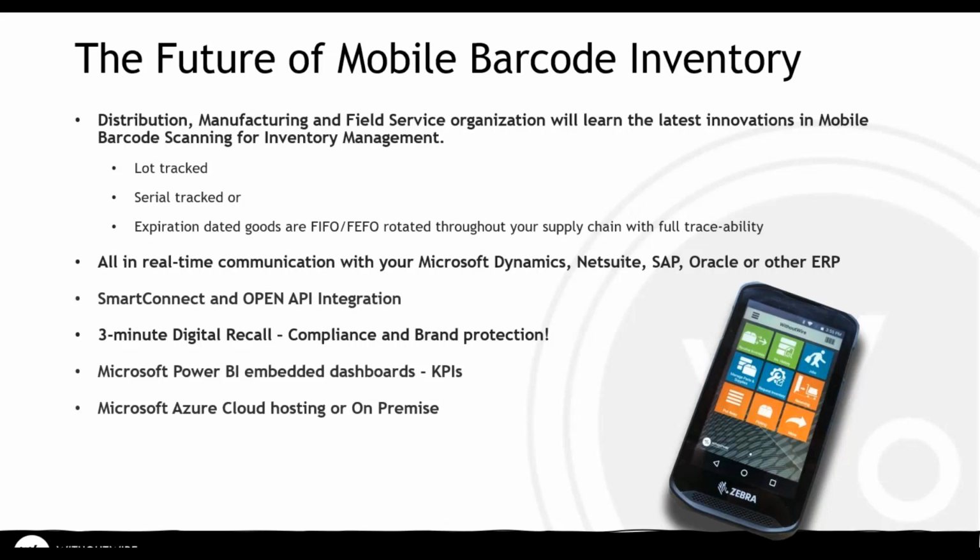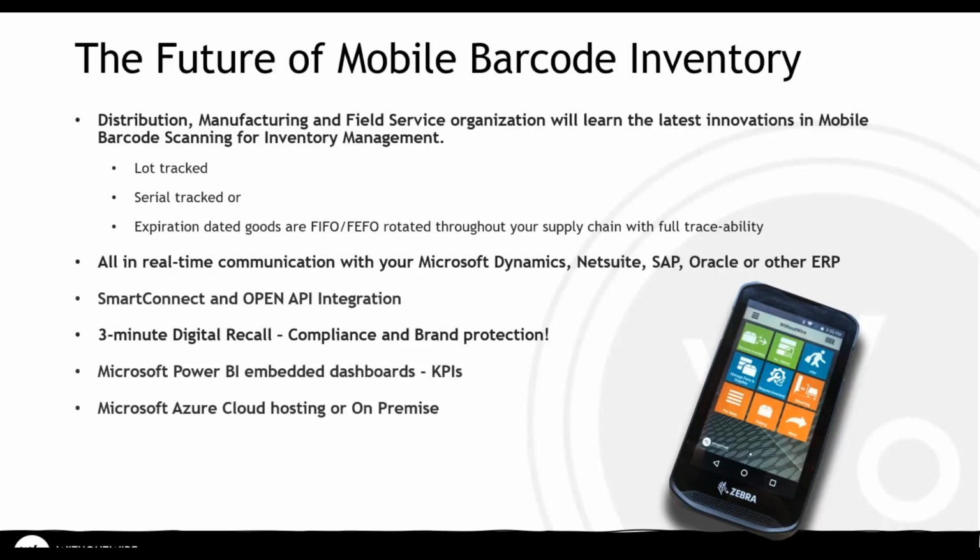The future of mobile barcode inventory. Many of you on the call today are getting to know Dynamics 365 Business Central very well. And you know that it has an inventory platform or module that comes with it. What you're probably also becoming aware of is that it doesn't have the full supply chain capability that most clients need in terms of mobile barcode inventory as part of their solution.